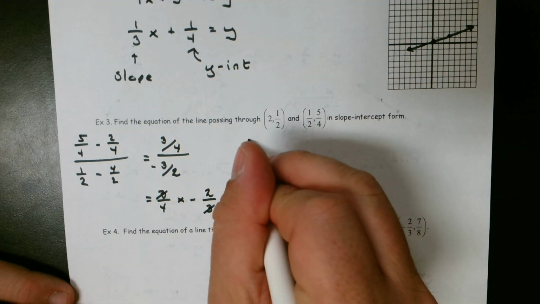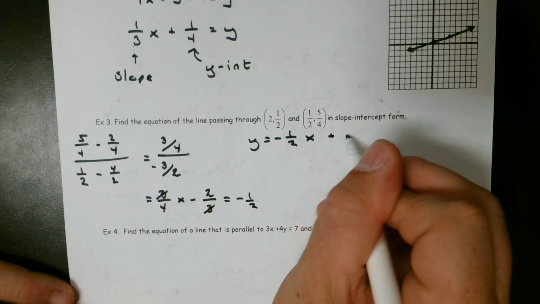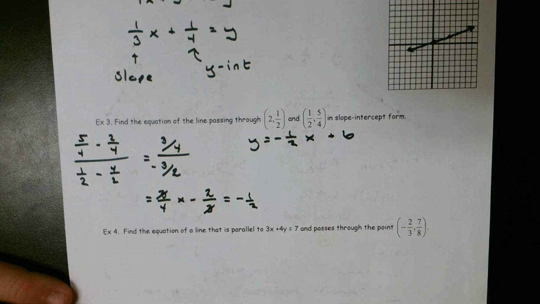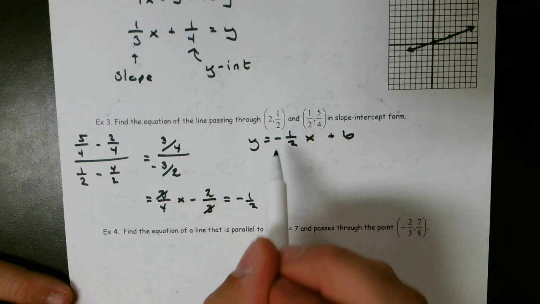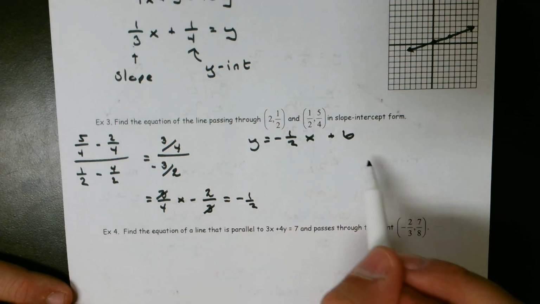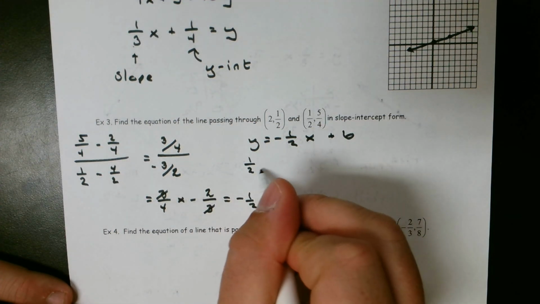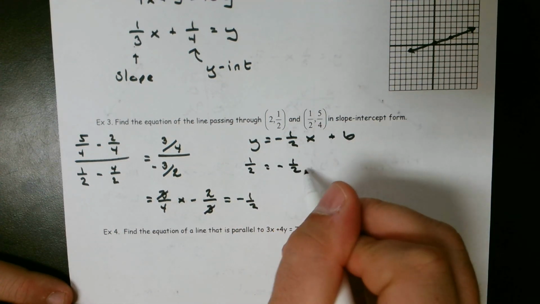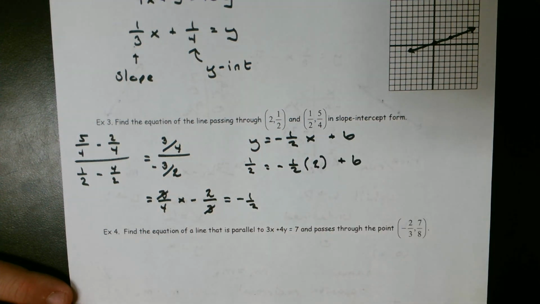So we know our equation is going to be y equals negative 1 half x, and then we have this b. Now all we have to do is pick one of these points. We know these points lie on this line. If we pick one of these points, we should be able to solve for b. I'm just going to choose the first one. So 1 half is equal to negative 1 half times 2 plus b.